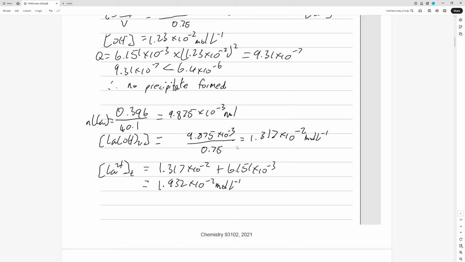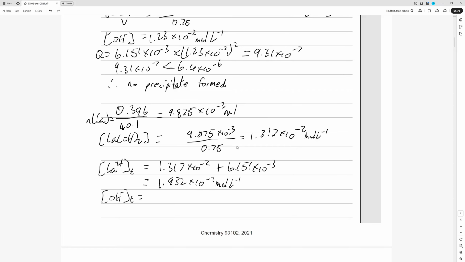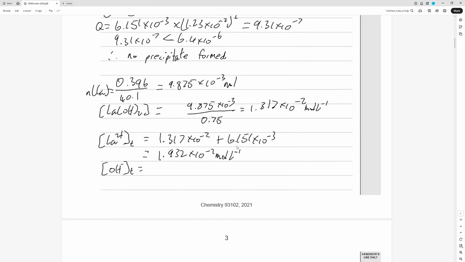Now, the concentration of OH- in total is going to be this value here multiplied by 2, plus the original.